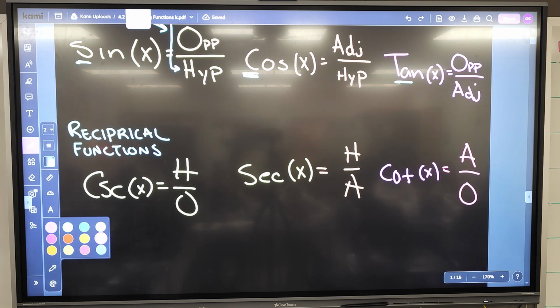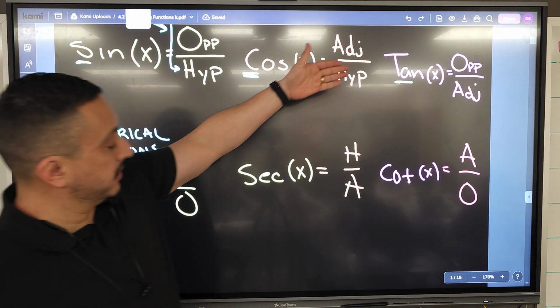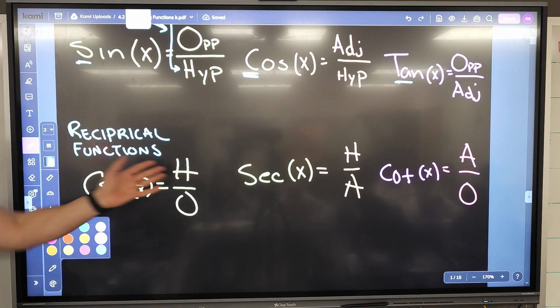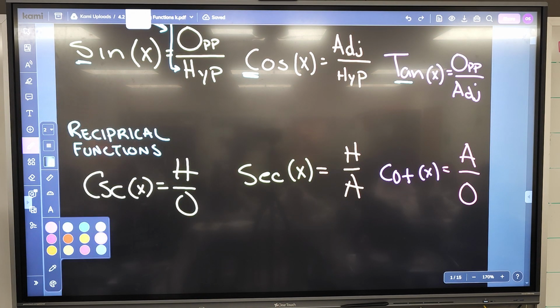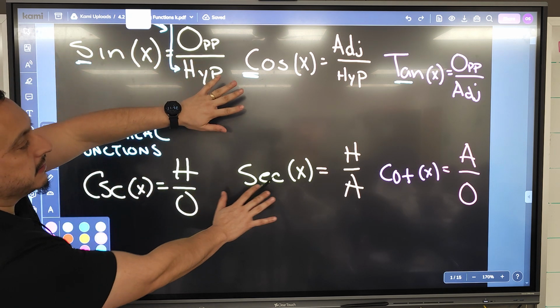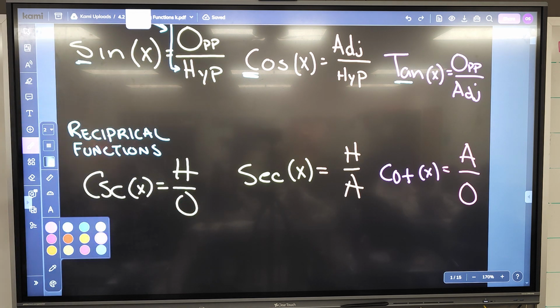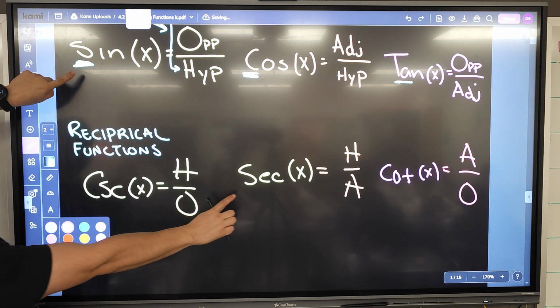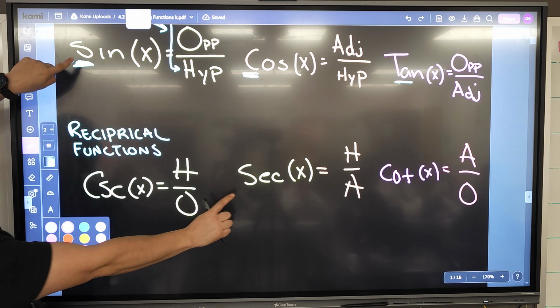Now I think tangent and cotangent, pretty obvious, right? Because they both have the letter T, and none of these have a T, so those are easy to figure out that they're opposites of each other. These are confusing, I think. Who goes with who? Here's how I remember who goes with who. You would think that the first letter goes with the one that has the same, but it's not.